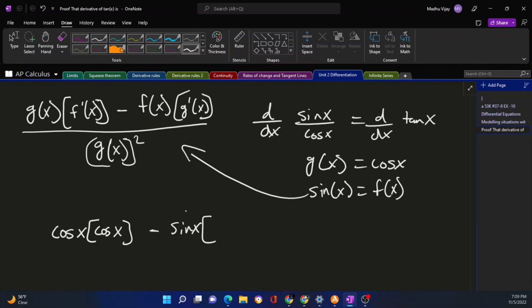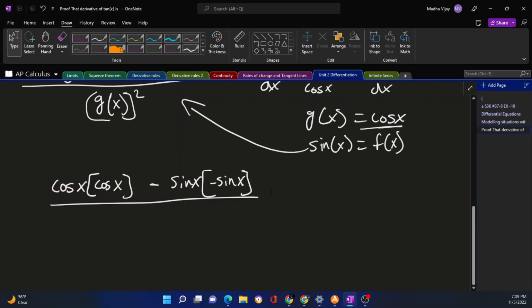The derivative of cos x is just negative sine x. And this is all over g of x squared, and g of x is cos, so cosine squared.